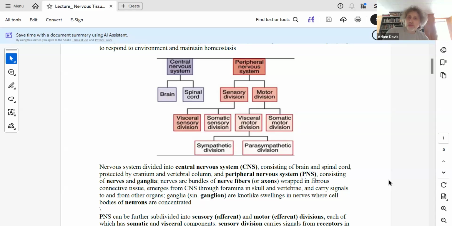For the most part, somatic sensory data is data that you have the ability to be consciously aware of. It is information that can register on your conscious mind. Note that I say you have the ability to be consciously aware of. You're not automatically consciously aware of this.